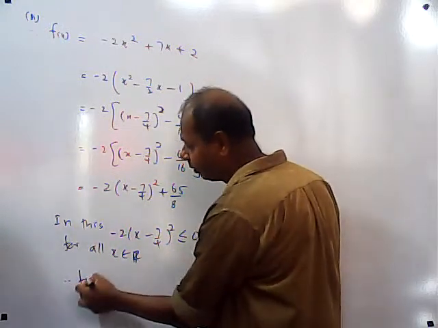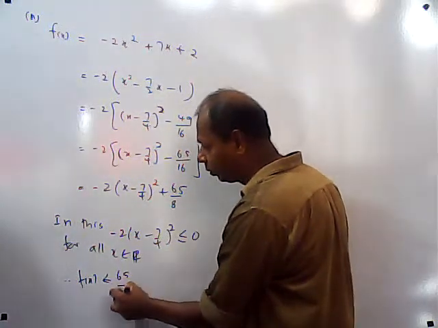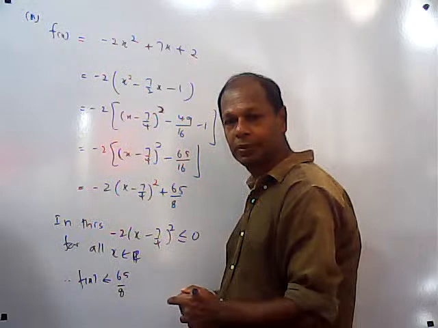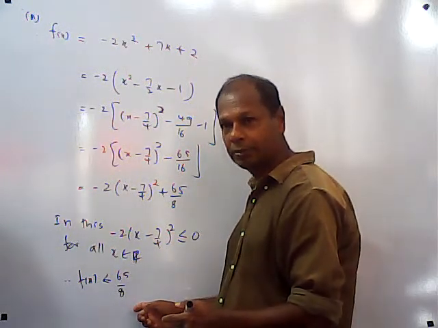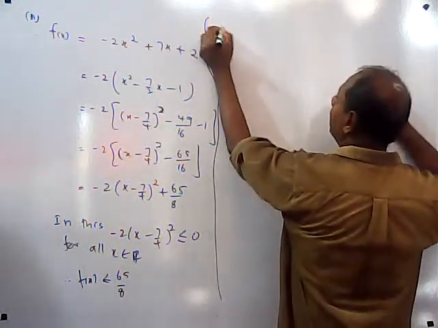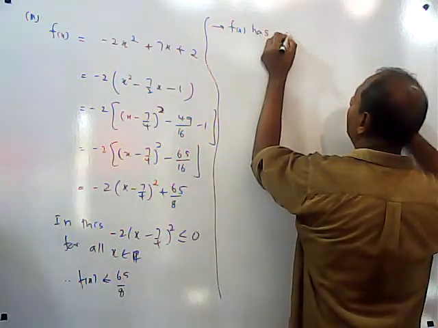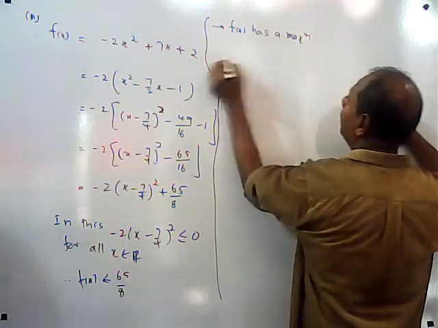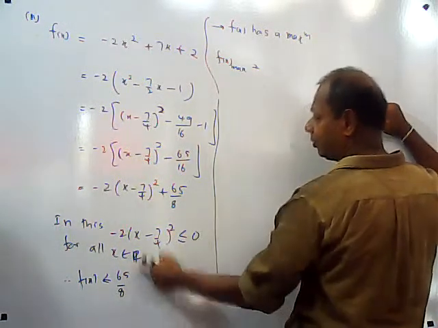Therefore, fx will be less than or equal to 65 over 8. So that says fx has a maximum. It implies fx has a maximum, fx max, and fx max is 65 over 8.